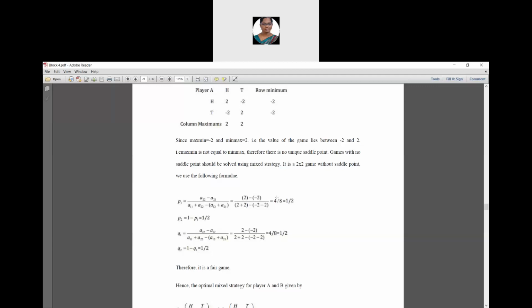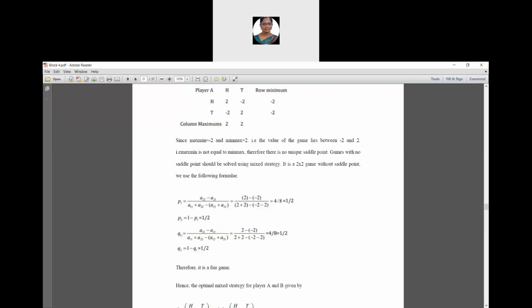So the numerator is 4 and the denominator is 4 plus 4, which is 8, giving half. P2 is 1 minus P1, which is half.